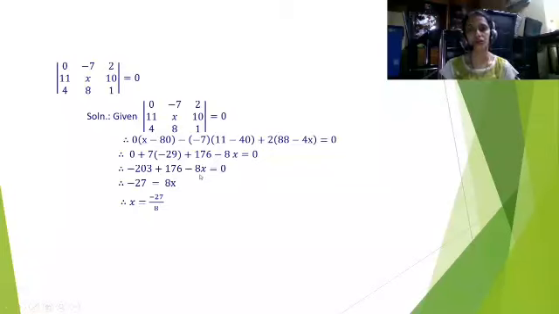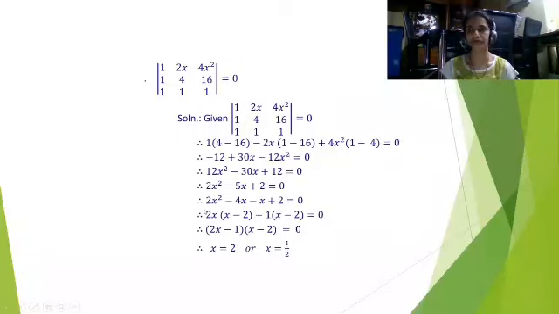Please remember, number terms and x² terms you have to keep separate. So it is minus 27, 8x I have taken on that side, it will become equal to 8x. So x will be equal to minus 27 by 8. Okay. This is one more example.